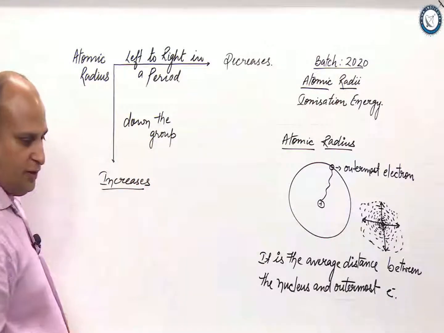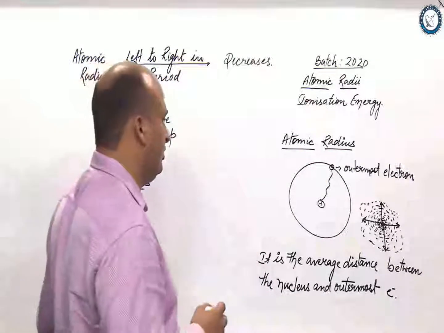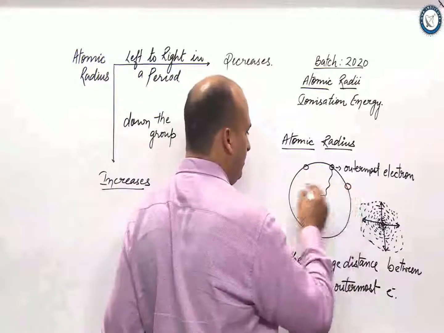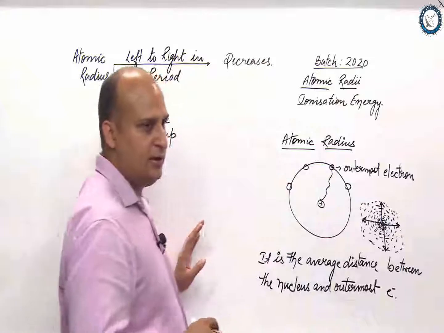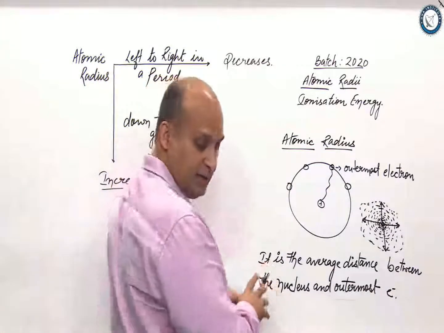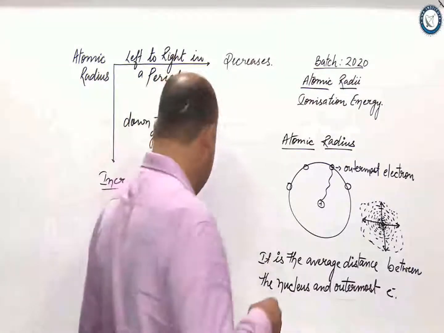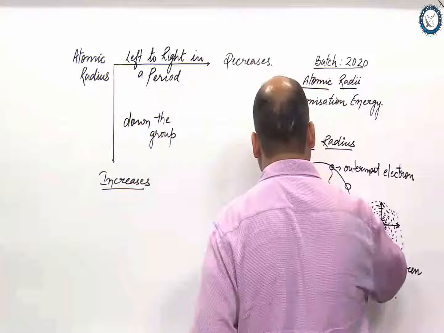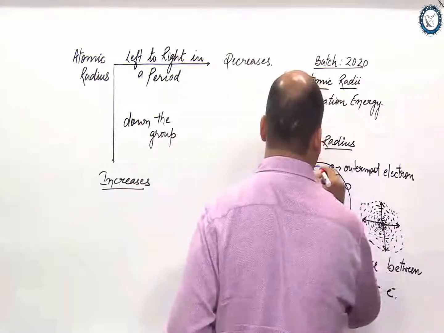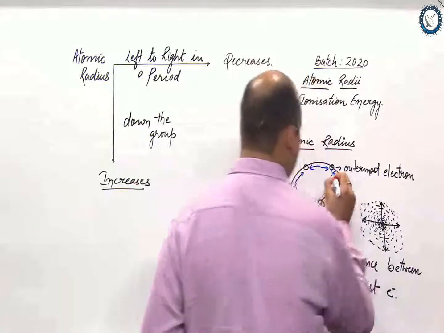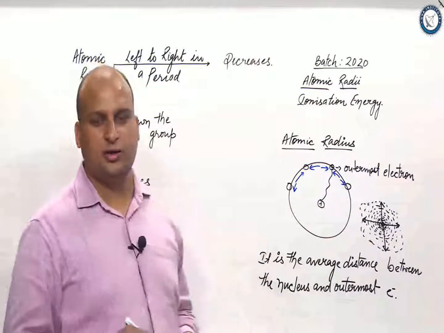Fine. See what is happening to an electron. Let's look at this particular diagram. What does this diagram say is that there are repulsions between the electrons in a particular shell. That is one thing. The blue color is showing the repulsion.